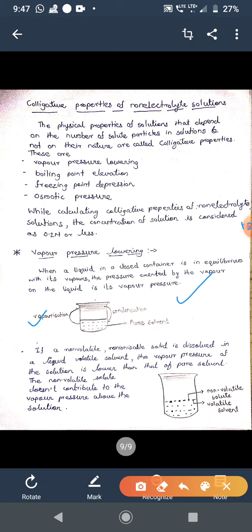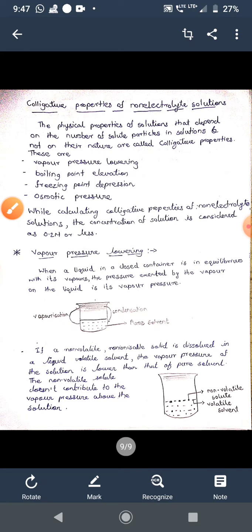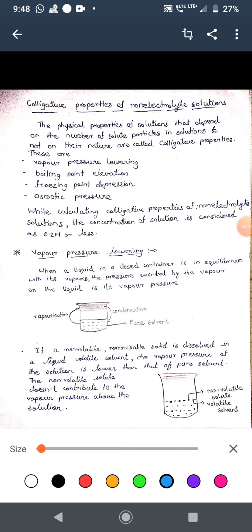Thus, the gas molecules travel again towards the liquid and condense to form the liquid again. So in the beaker itself two processes take place, vaporization and condensation, and they take place simultaneously.